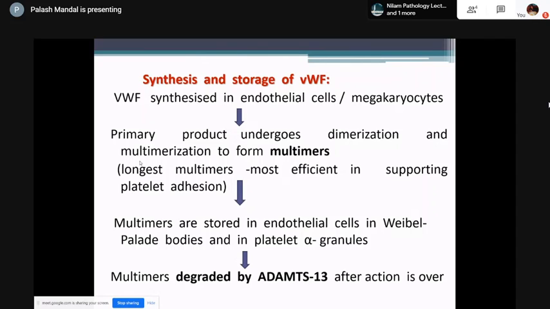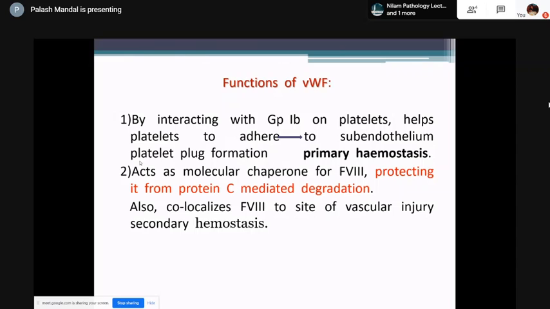It is also degraded by ADAMTS13 after its action is over. With the interaction with GP1B, glycoprotein 1B on the platelets, it helps platelet adhesion.